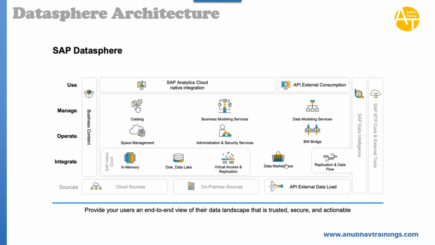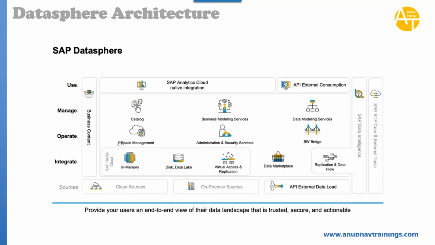Then you have data marketplace, from where you can also take the data like currency exchange rates or other data set which is available on open market. You can also use replication flows and data flows to bring in the data from your external SAP systems and SAP Data Intelligence. Along with that, you can utilize the core features of SAP BTP platform.